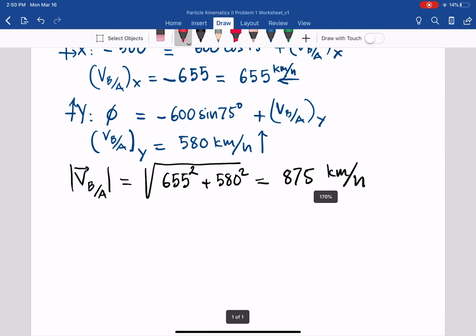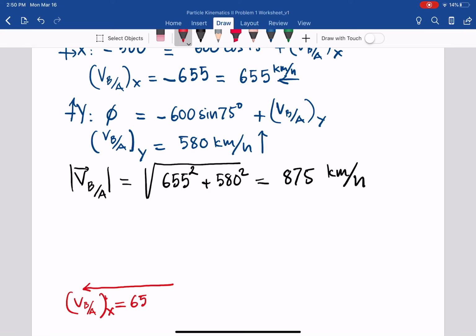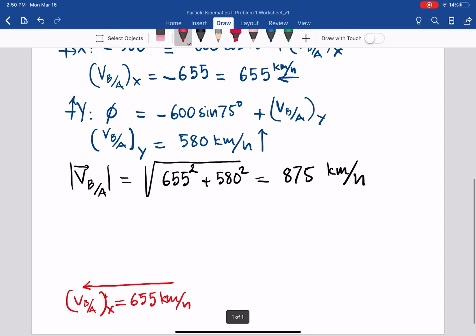So VB relative to A x is 655, going to the left. So we have here VB relative to A x equal to 655 kilometers per hour, and VB relative to A y, 580, going up.